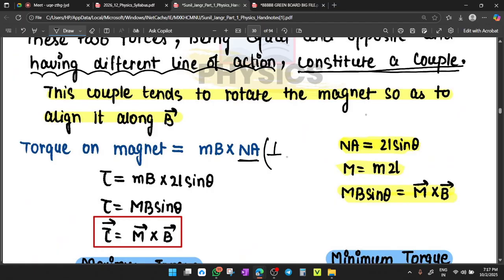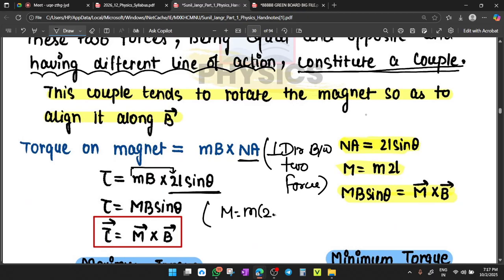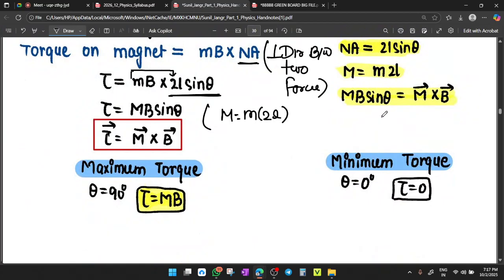More correctly, you can write it as the perpendicular distance between the two forces. So MB multiplied by NA, and NA becomes 2L sin theta by trigonometry. Now combine m and 2L, so it becomes capital M equals m into 2L. So MB sin theta, and in vector notation you can write M cross B.